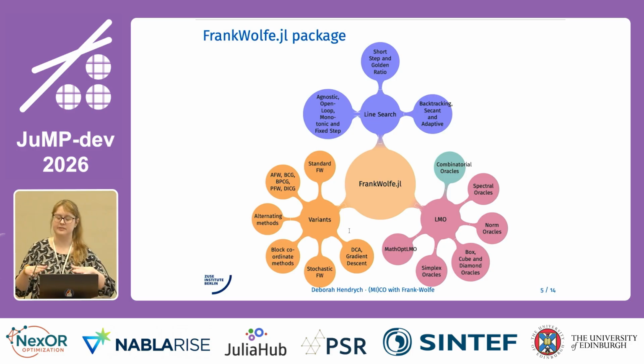For example, the alternating methods handle the case where you look for the optimal solution within intersections of convex sets. The block coordinate variants are for when you have a large Cartesian product of convex sets and you want to optimize over this. There are stochastic variants of FrankWolfe, and now we are also looking into extending the FrankWolfe algorithm and our library to some cases of non-convex objectives, starting with DCA. So this is difference of convex functions, so your objective function is a difference of two convex functions.